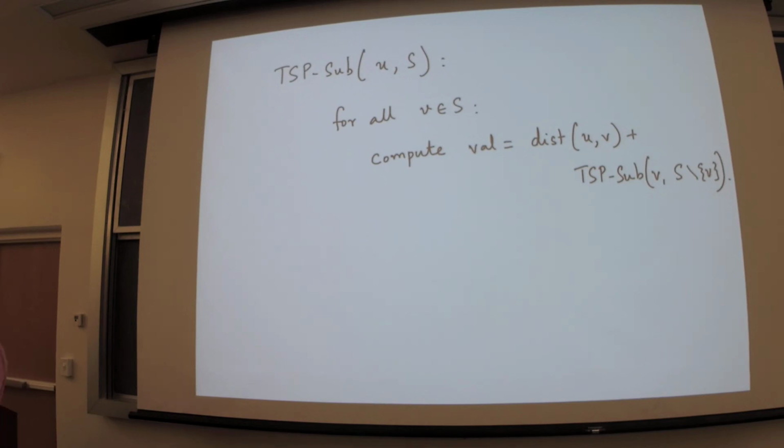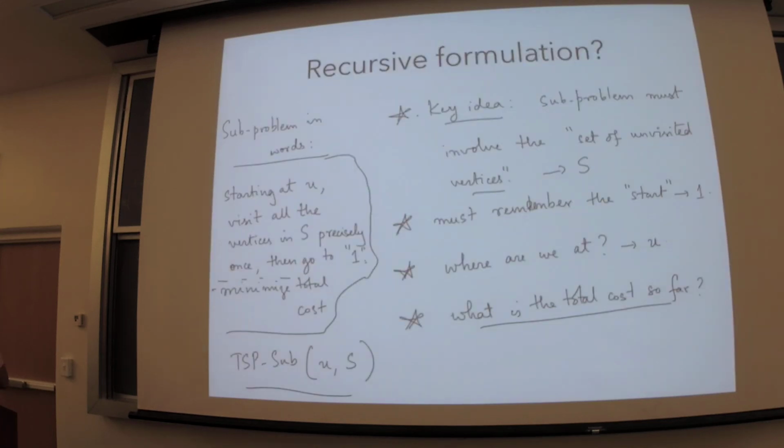And what happens to the going back to 1? The point is that the subroutine takes care of it, right? The way I have defined the subroutine is starting at U, visit everybody in the set S that you prescribe exactly once, and then go back to 1. So you are forcibly including that cost in the final answer.